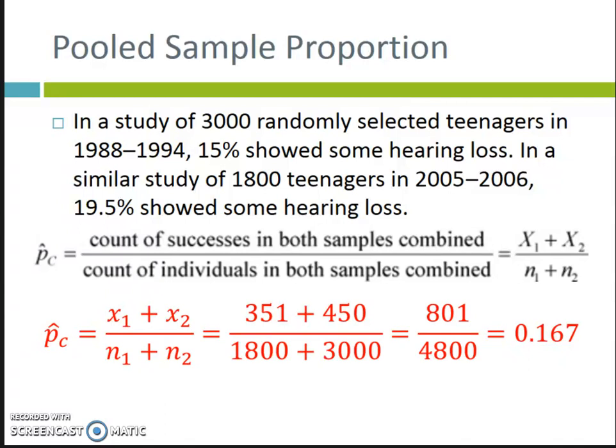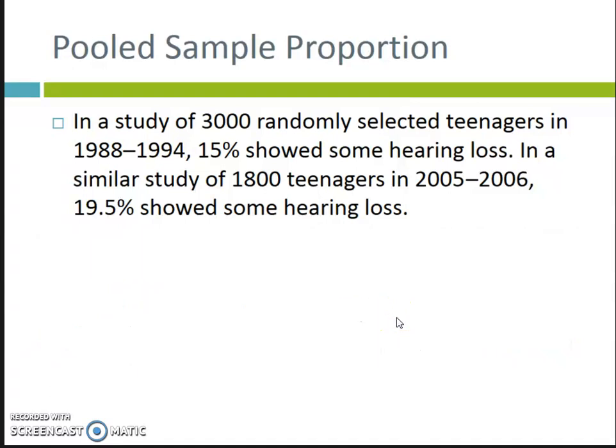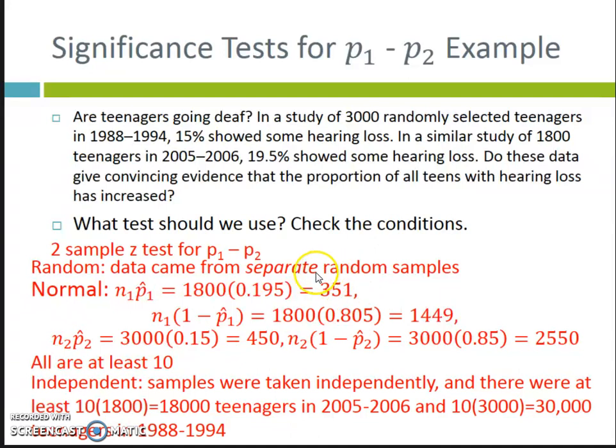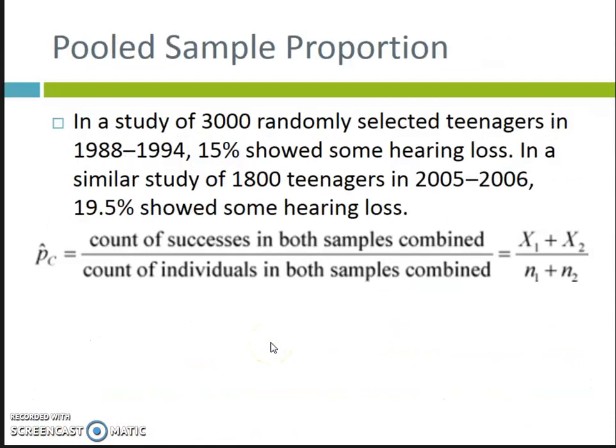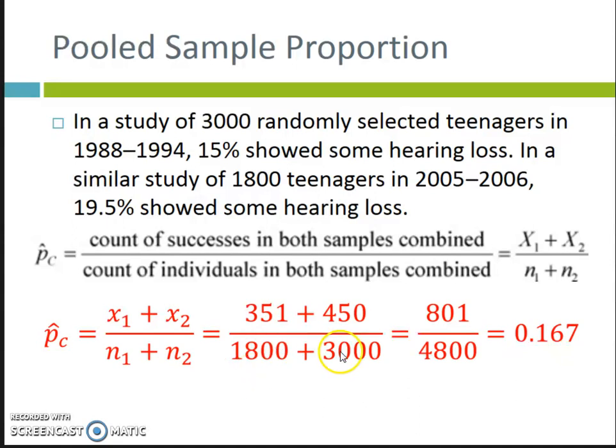Now, they didn't give us these values, 351 and 450, but I can find them from right here, right? There's that proportion, my X there, and here's my X here, 351 and 450. And then my sample sizes were here. So my pooled proportion, my combined proportion, is going to be 0.167.